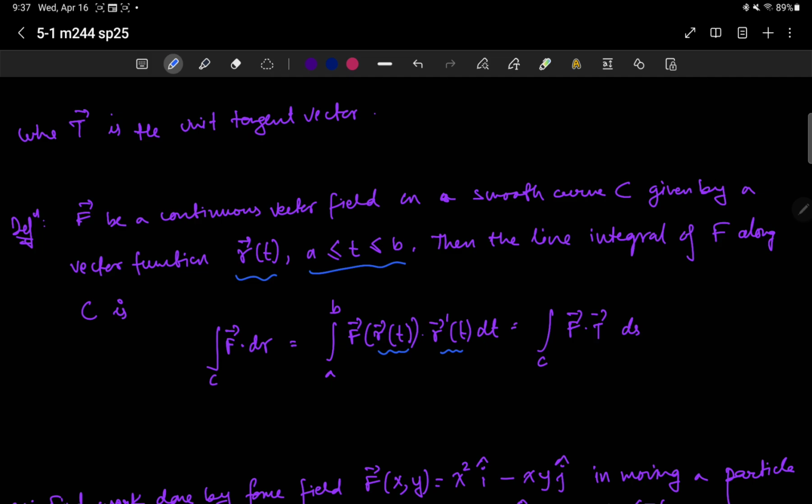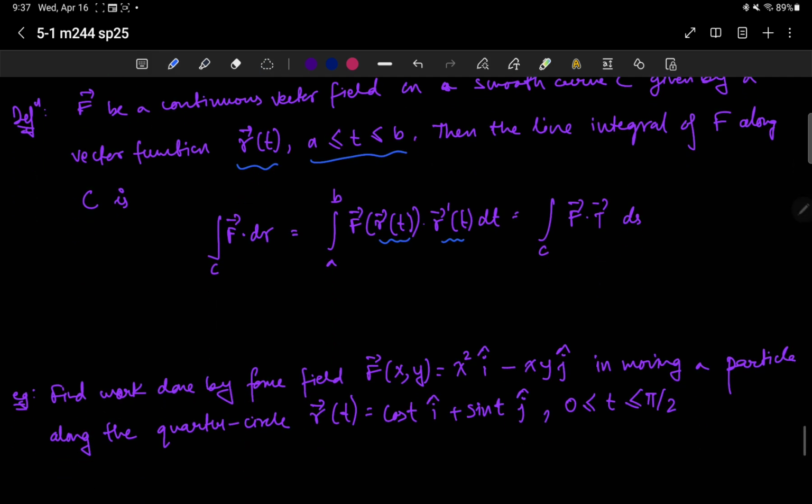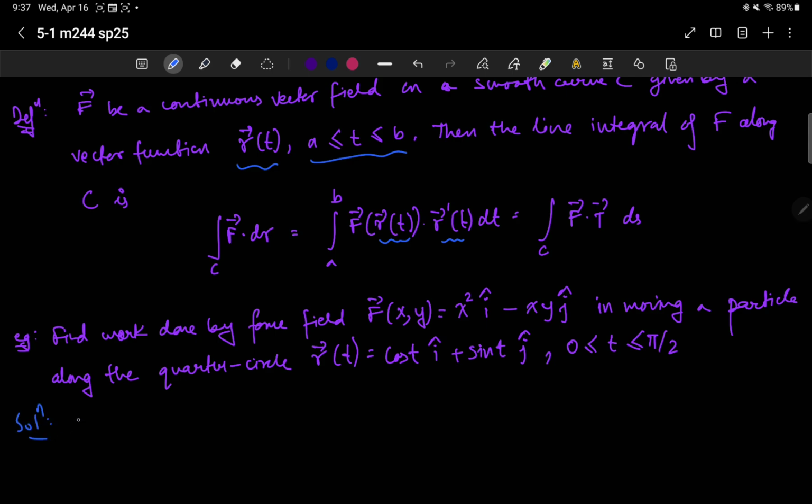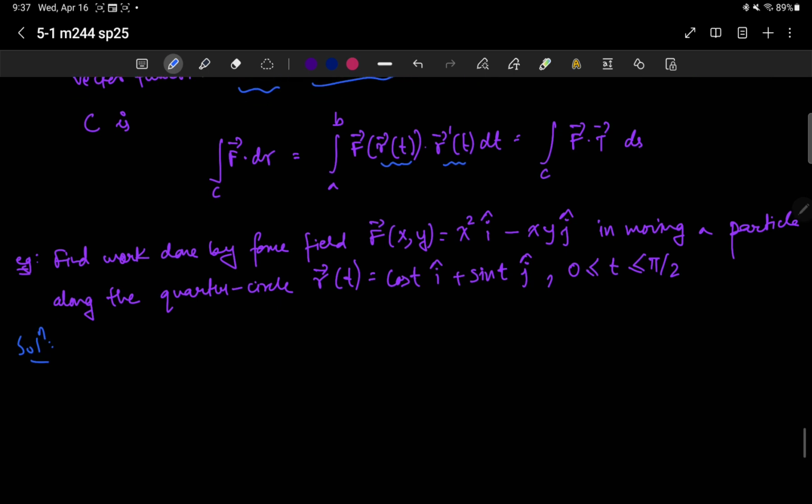Let's look at an example, and as we work on this, try and draw a parallel to the other examples we've done in the previous video, where we weren't calling this work done. The basic difference is in the naming. Find the work done by a force field described by this function.